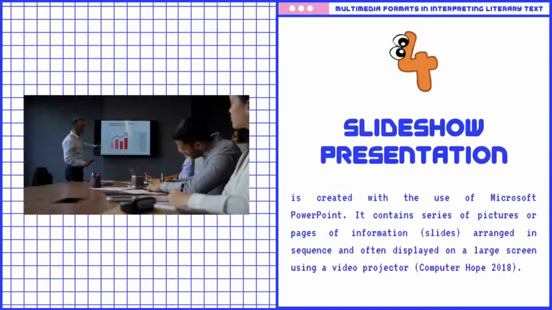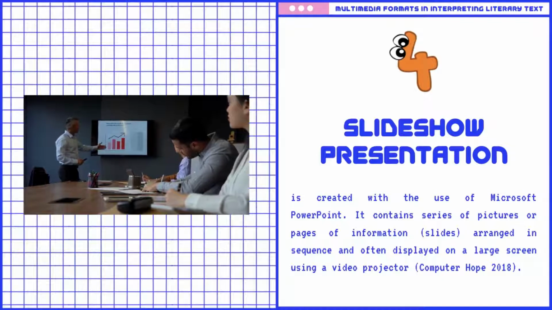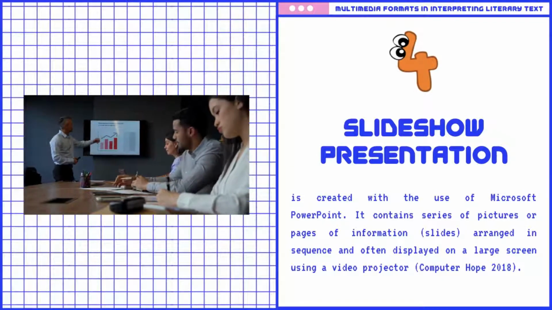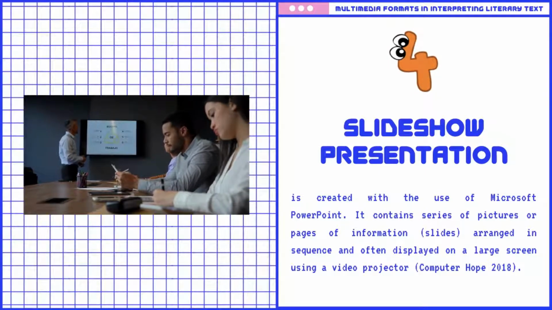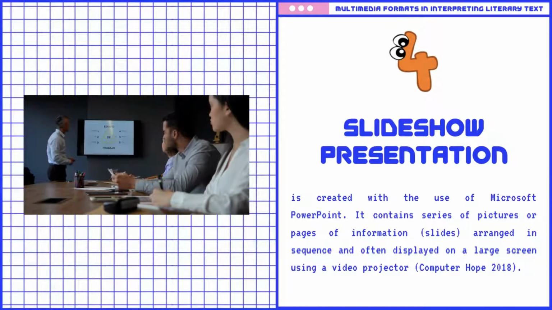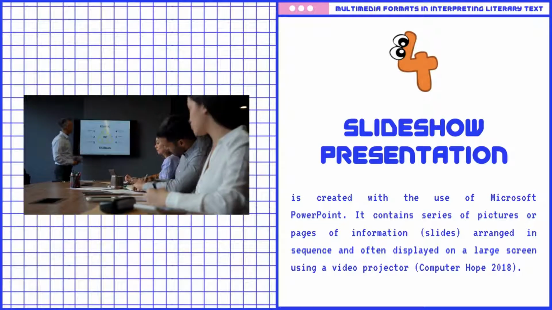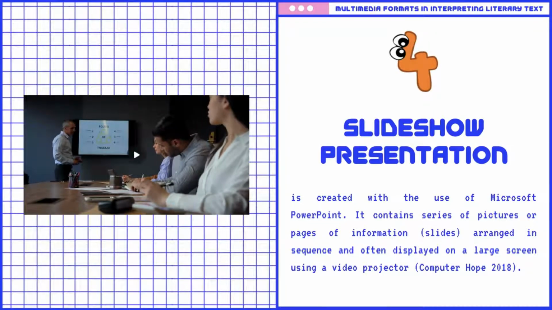Number 4, slideshow presentation. It is created with the use of Microsoft PowerPoint, which contains series of pictures or pages of information through slides arranged in sequence and often displayed on a large screen using a video projector. This is very familiar for all of us, especially you students when we are still having our classes face-to-face.